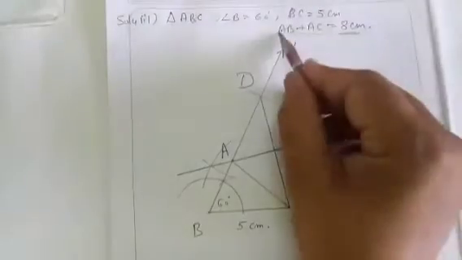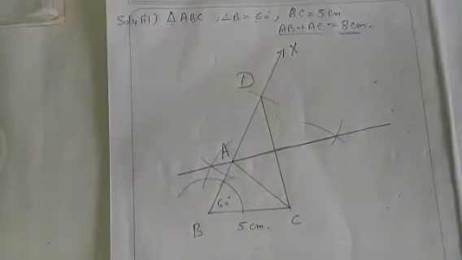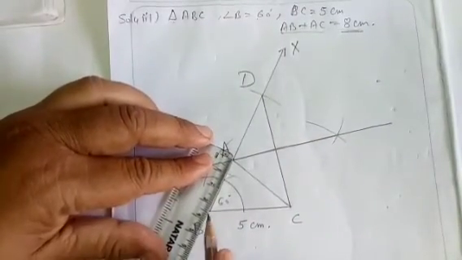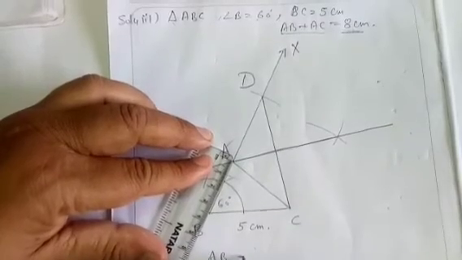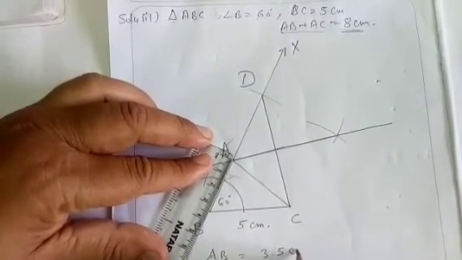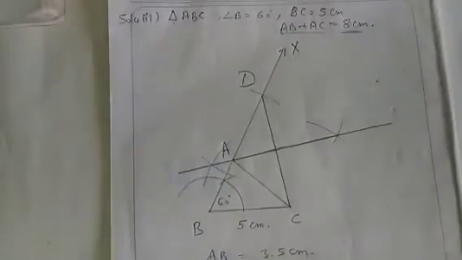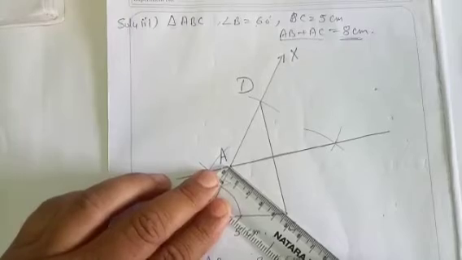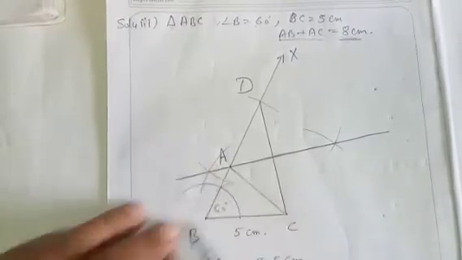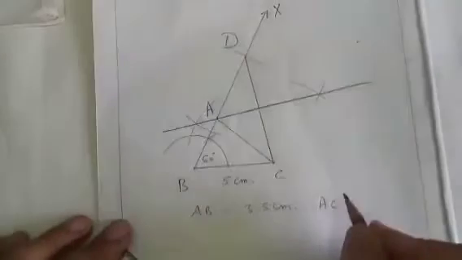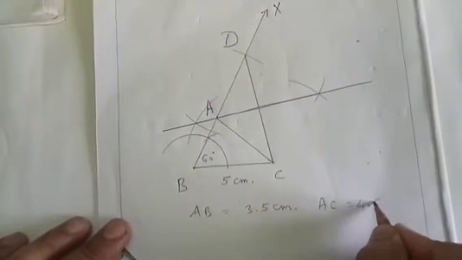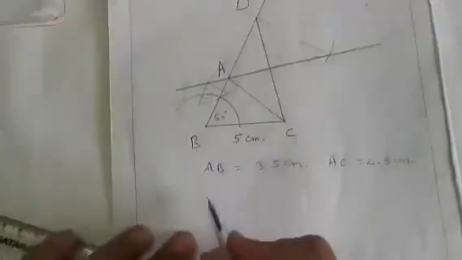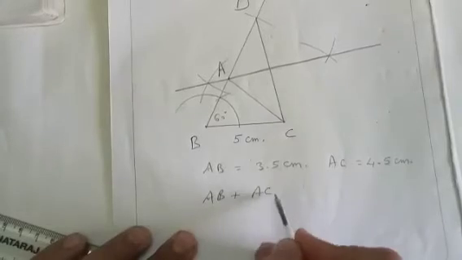Now what was the question? AB plus AC equals 8 centimeter. You measure AB. How much is it coming? AB is coming 3.5. You write AB equals 3.5 centimeter. Now next is AC. You measure it over here. It is coming 4.5 centimeter. Now what was the question? AB plus AC.